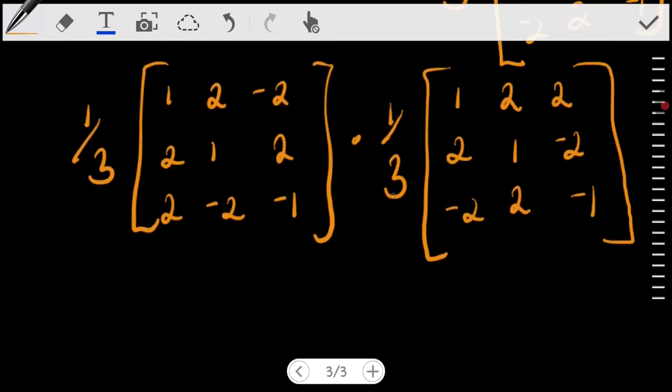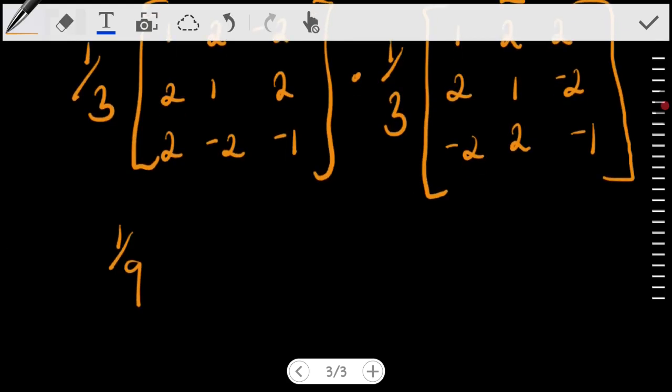If you multiply the scalars, we're going to have 1 out of 9.